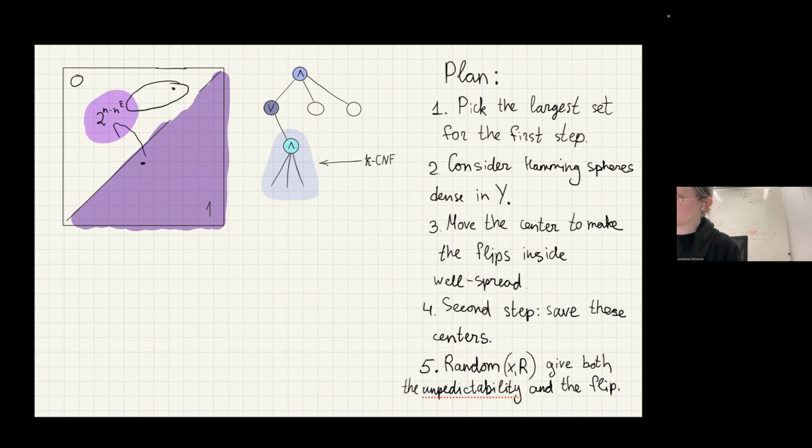And this is a sphere. And maybe this is a sphere also. You get the idea. So I'm considering Hamming spheres that have quite a lot of points from Y. And then I want to move the centers to make the flips inside this sphere well spread and to also have the right parity.